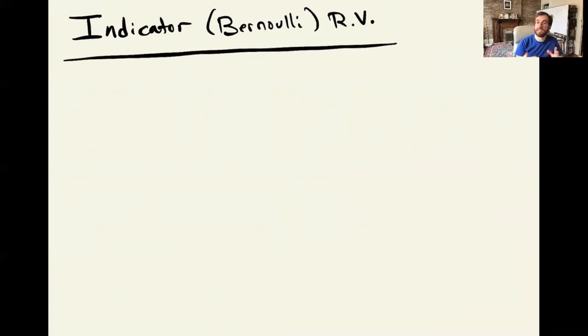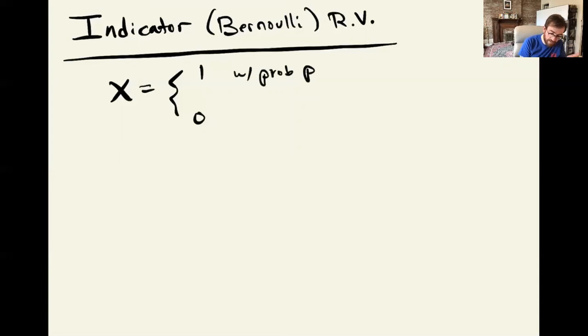But the basic idea is this is something which takes on one of two values, 1 or 0, and takes on value 1 with probability p. This would be the situation where your indicator random variable indicates whether or not an event occurs, and where that event has probability p.